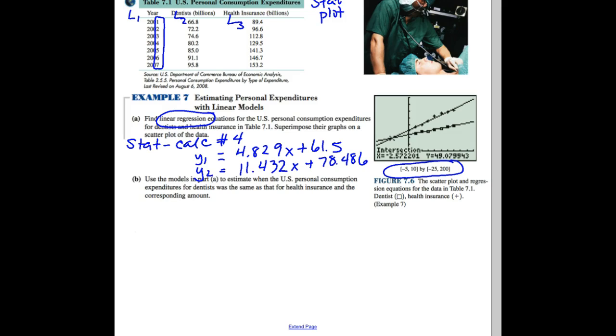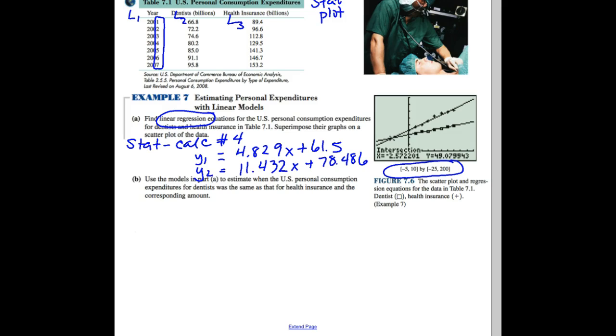Okay, now when you hit graph, those two lines were dumped into your y equals screen, so it's now going to graph those lines on top of your scatter plot. Do they intersect? Yes. And here's why they had you set the window back a little further than we might have pictured doing, because they intersect prior to the data that we were given.